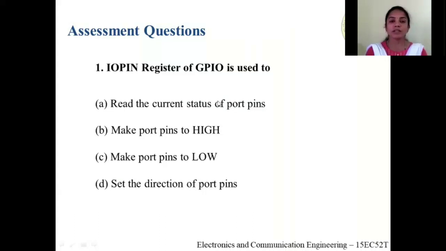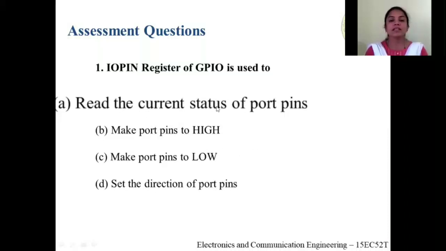There are four registers: IO set, IO clear, IO pin and IO DIR. Is IO pin used to read the current status of the port pins, or make the port pins value high, or make port pin value low, or set the direction of port pins? What is the correct answer?